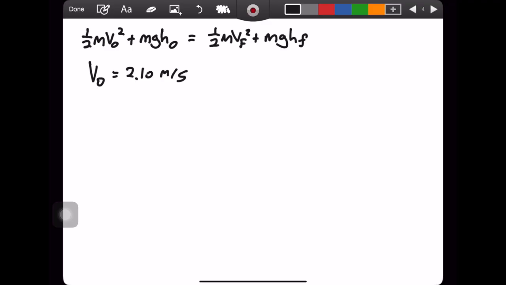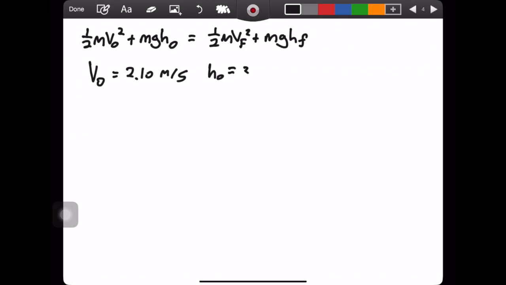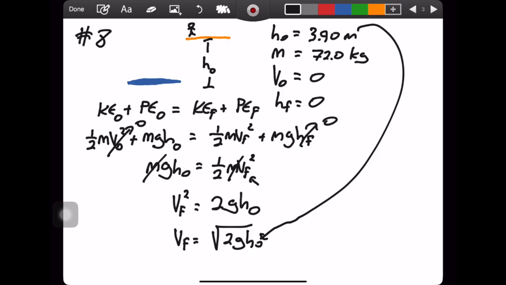Okay, so that term doesn't vanish anymore, but the initial height is exactly the same. If we go back and look at our initial height, it's 3.90 meters. And we can still say that the surface of the water is at height h equals 0.